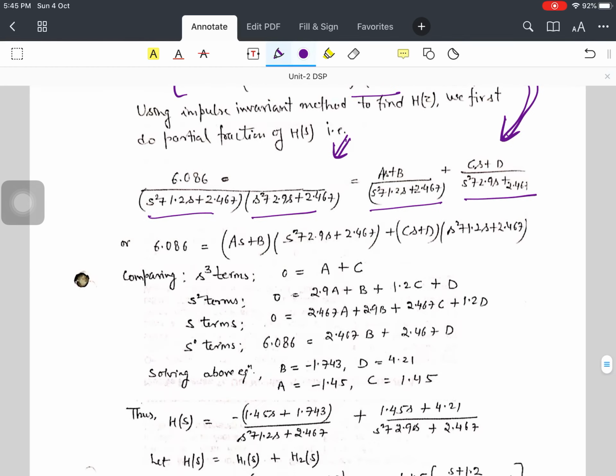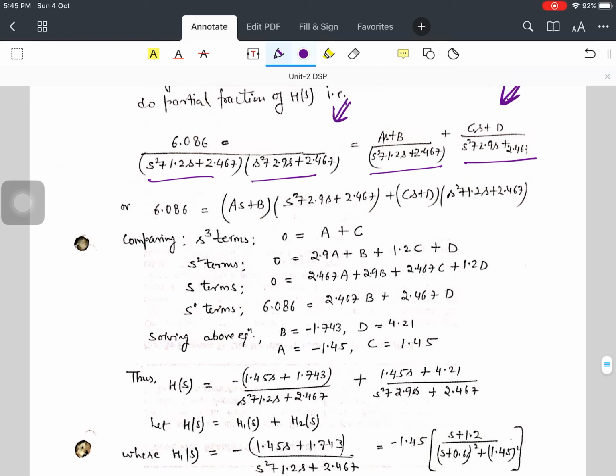We have to compare all the powers of s and the s terms. We can do some mathematics here and calculate the values of all these constants A, B, C, D.